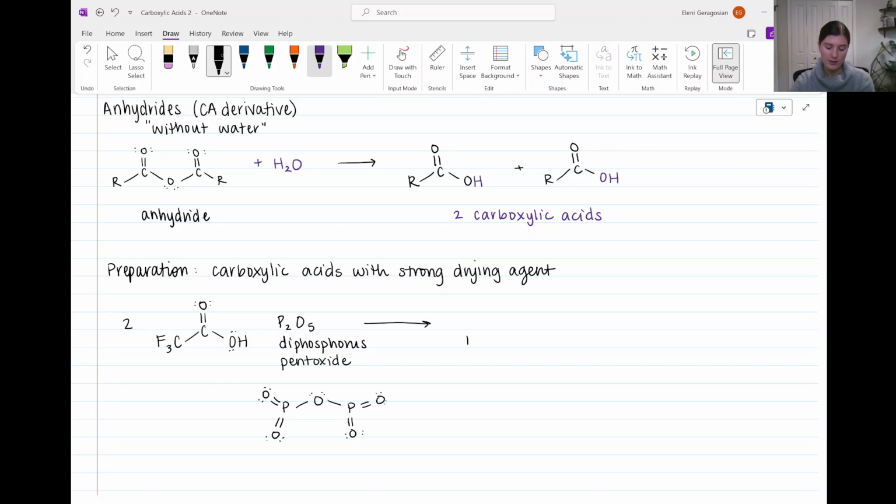So our final product is the anhydride, where we've combined two of the carboxylic acid molecules, and we are bonding the carbonyls together with a single oxygen. Other byproducts are complex phosphates. We're not going to worry about drawing these.